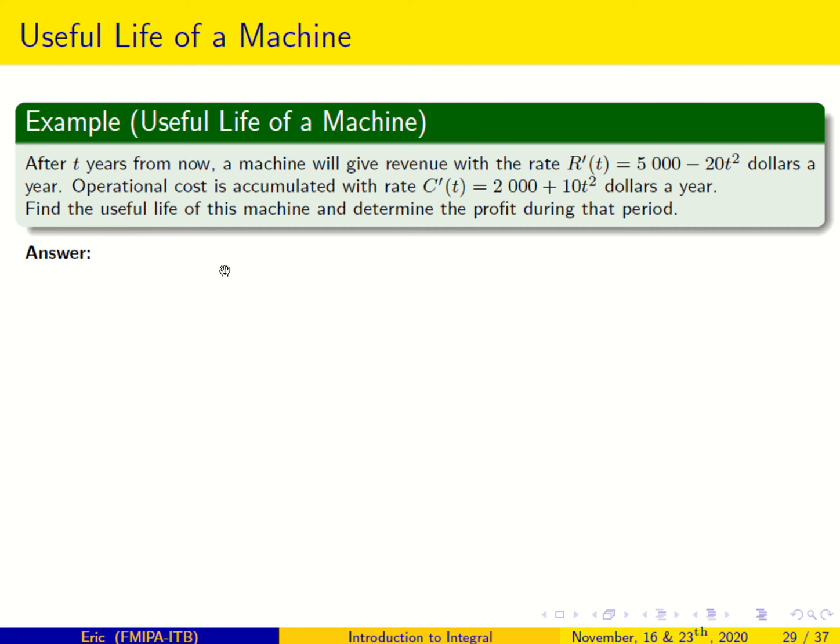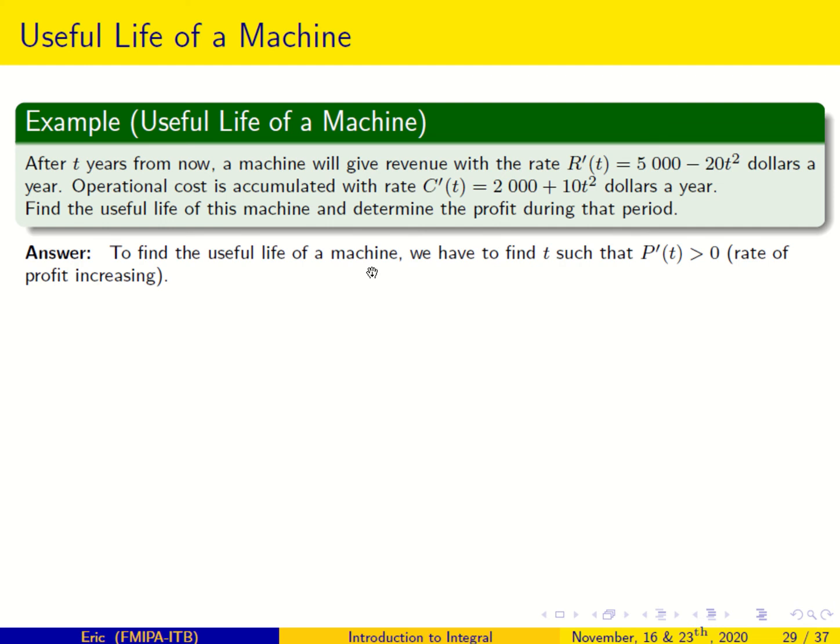Okay. So to find the useful life of a machine, we have to find t such that the rate of profitability is greater than 0. It means the profit must be an increasing function. How do I know the profit is an increasing function? I want to know when P prime is positive. So what is P prime?